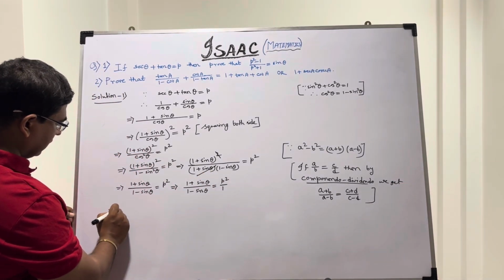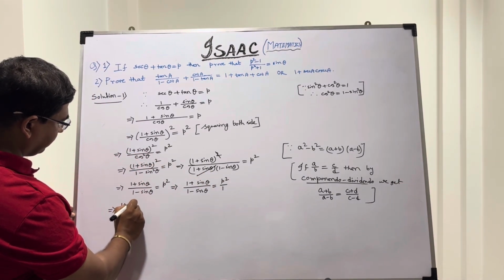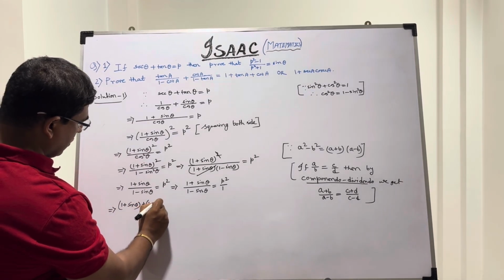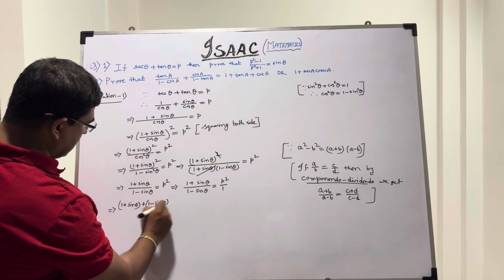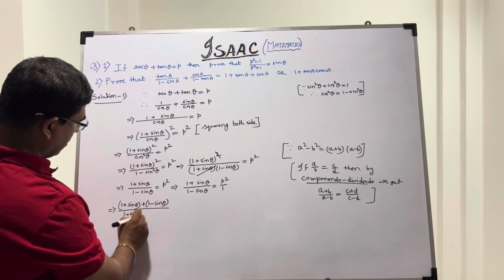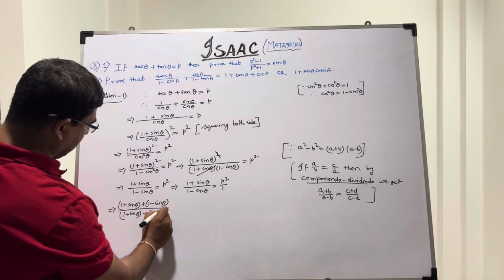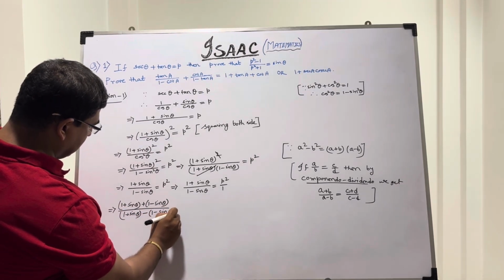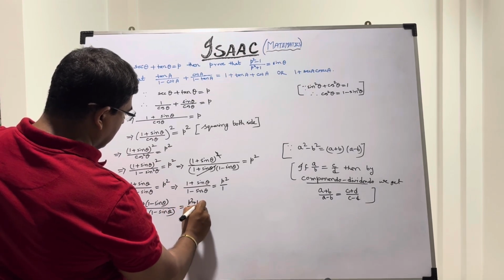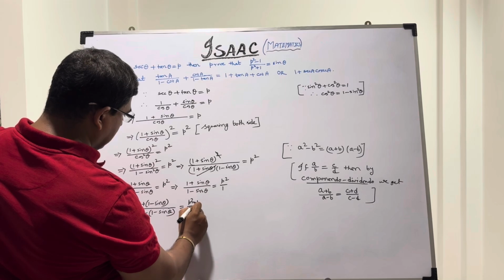Now following this relation, we have (1 plus sin theta plus 1 minus sin theta) divided by (1 plus sin theta minus of 1 minus sin theta) equals (p square plus 1) divided by (p square minus 1).